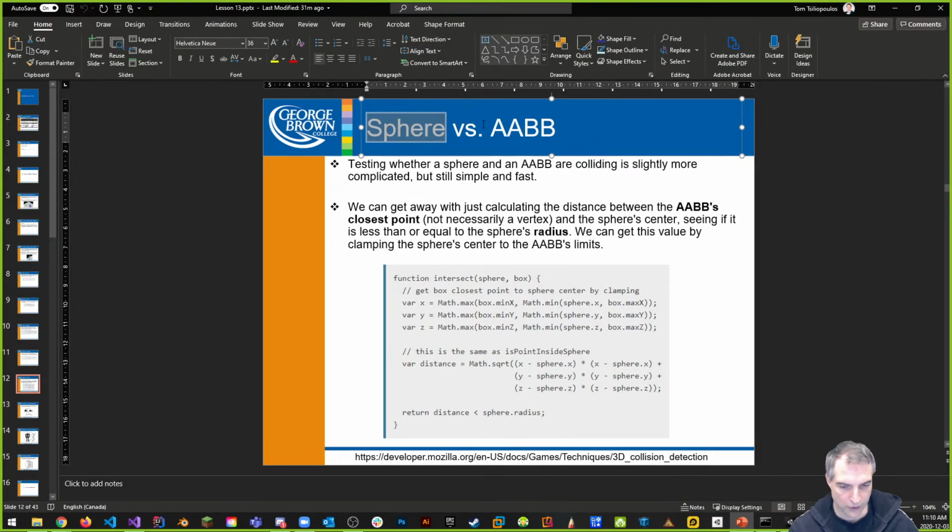The other thing is sphere versus AABB is also a foundational collision detection methodology. Why? Because we can use part of a sphere for the bottom part of a player character, right, where they touch the ground, as an example, and AABB for the plane that we want to surround. And typically, it's much easier for us to define a plane.